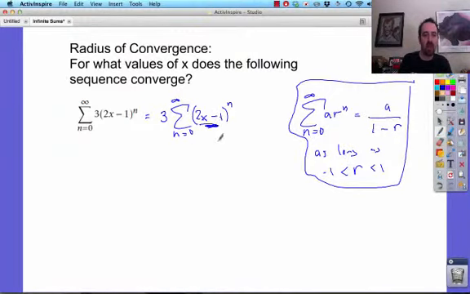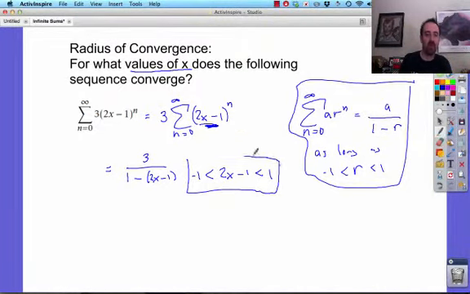So what does that mean? This is our r, okay, and r is for radius. So this is going to converge to 3 over 1 minus (2x minus 1) as long as 2x minus 1 is between -1 and 1. And the question is, for what values of x does the following series converge?